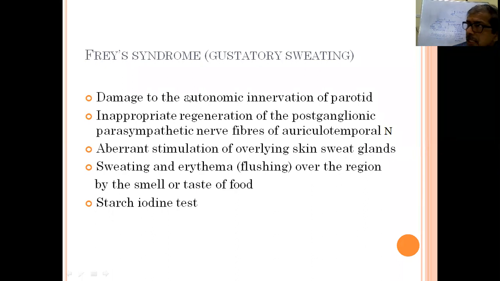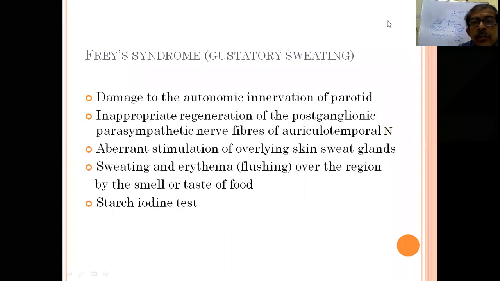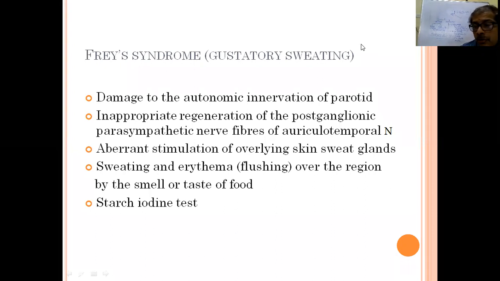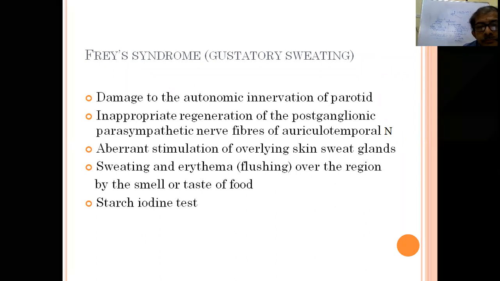In this regard, can anybody tell me how this parotid gland is supplied? What is the nerve supply of the parotid gland? Secretomotor. From which cranial nerve does it come? This is a very complicated supply the parotid has.